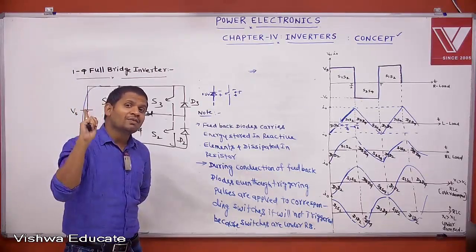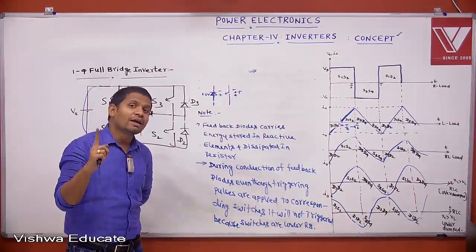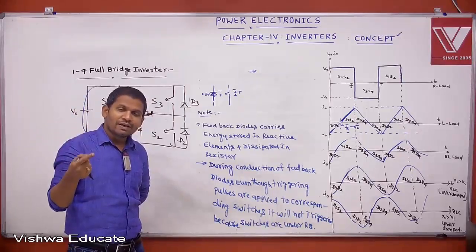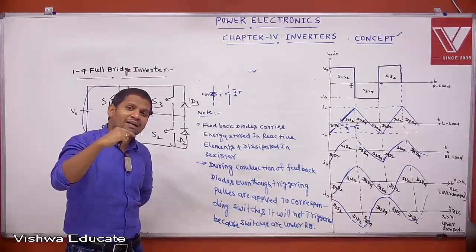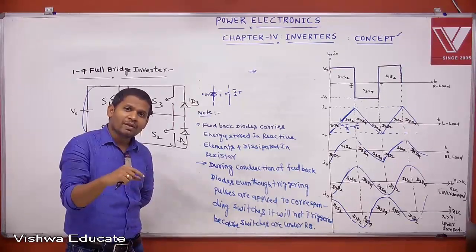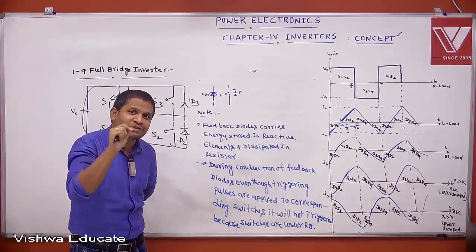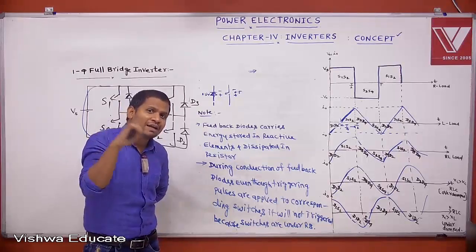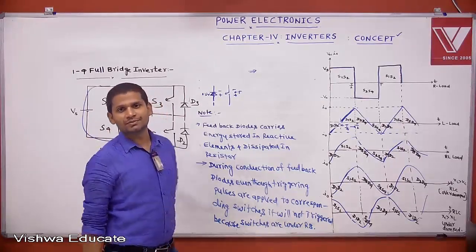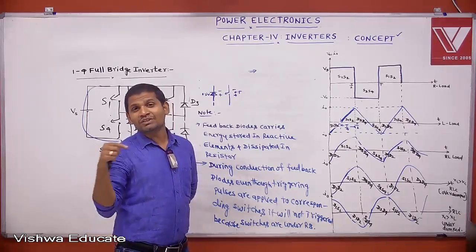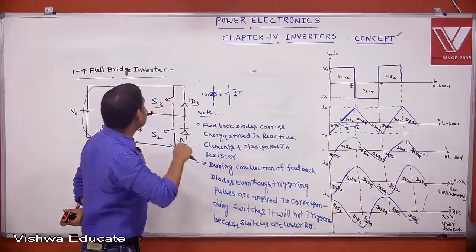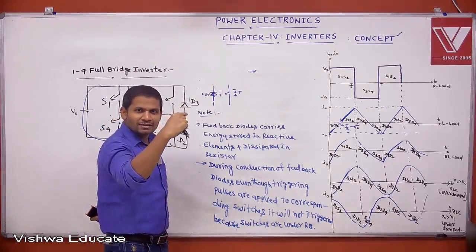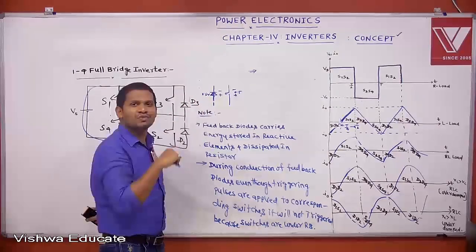Whatever time the feedback diodes are conducting, a reverse voltage is applied across the main switches, because the voltage across the diode appears as a reverse voltage across the switches.